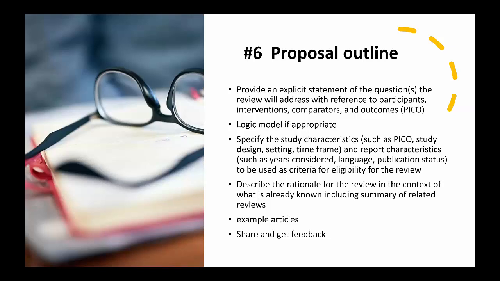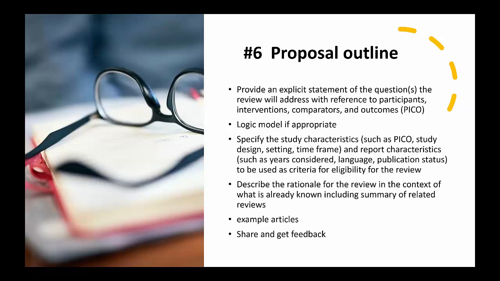And then this is just my basic proposal outline. There is no standard or anything like this. This is just a suggestion. Of course, it may not be PICO. It could be one of the other frameworks that we talked about. But basically in the proposal, you want to know, what is your question? What's the eligibility criteria? What's the rationale? What other reviews are out there?